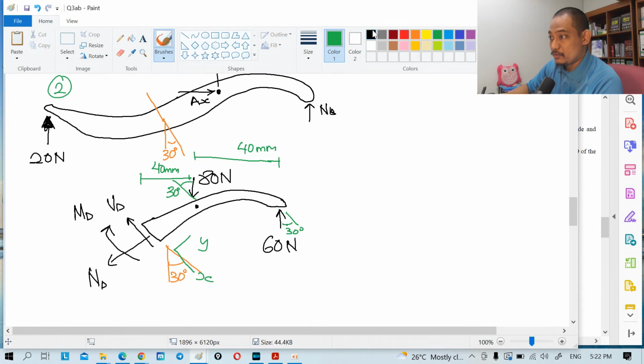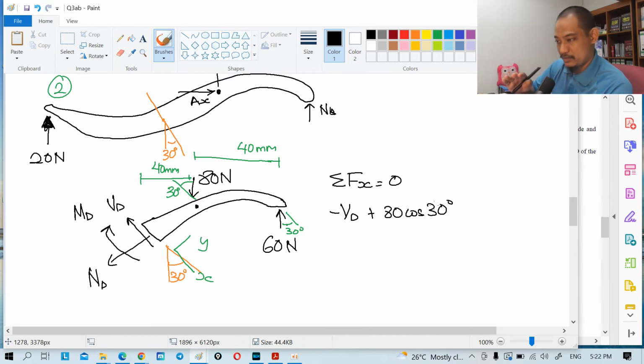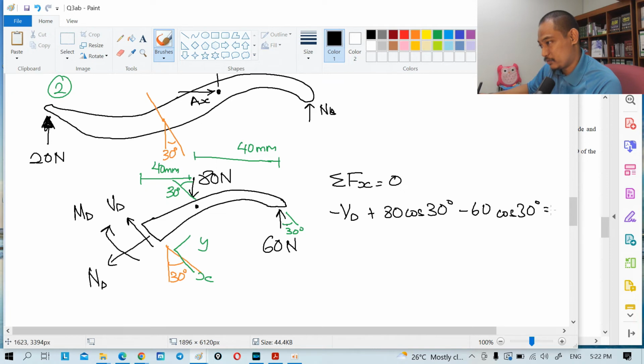Okay, so if you do summation of Fx equal to 0, now VD will be the negative side, so negative VD, and then we have 80 positive, so plus 80 cos 30 degrees, and 60 is negative, so negative 60 cos 30 degrees equal to 0.